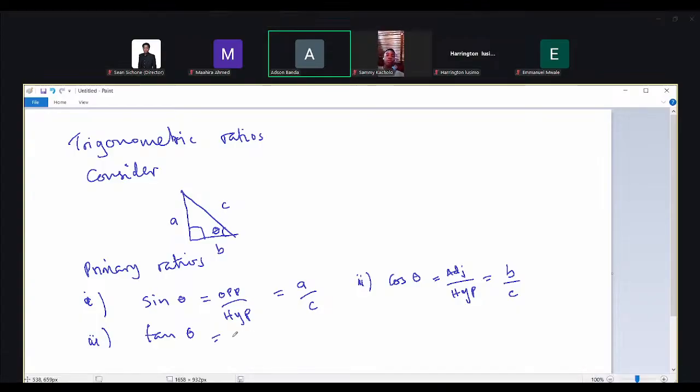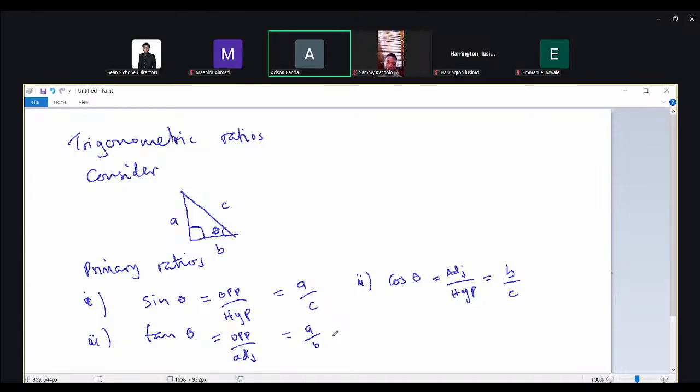The tangent of theta is opposite over adjacent, so in this case it is A divided by B. Right, so these are what are known as the primary ratios.